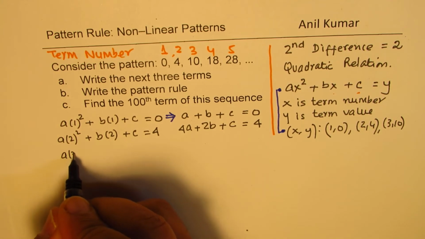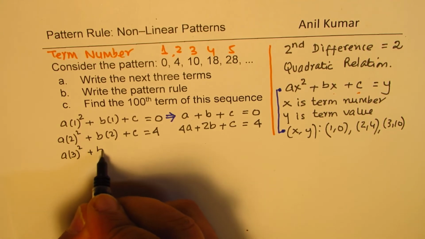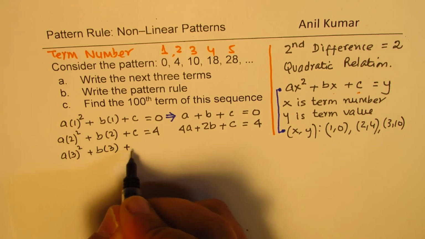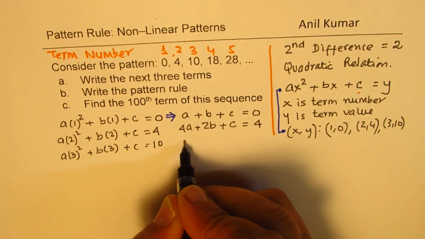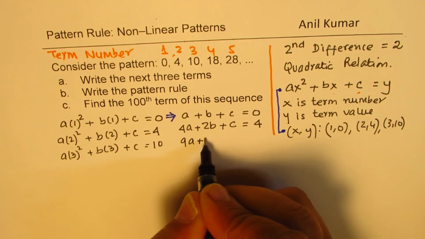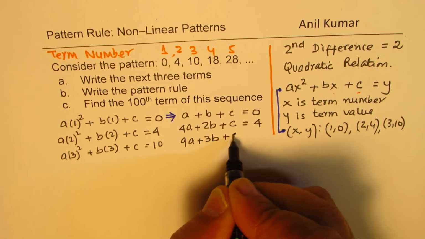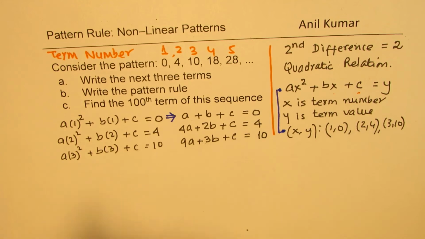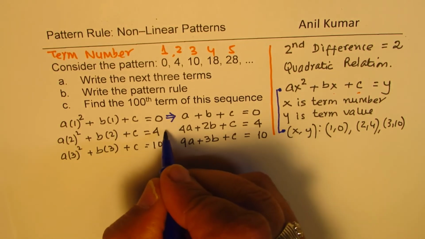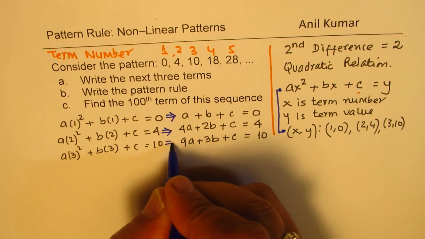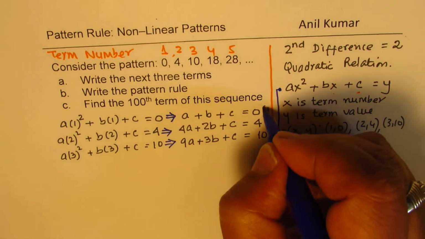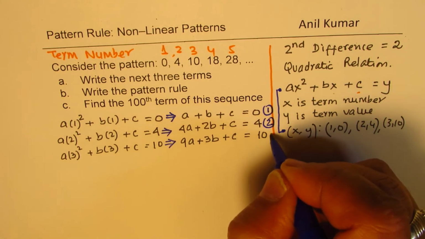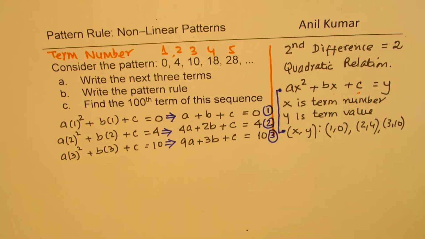So A times 3 square plus B times 3 plus C should be equal to 10. So that gives you 9A plus 3B plus C equals 10. So we get three equations from the 3 points. Let's call them our equation number 1, equation number 2, and equation number 3.